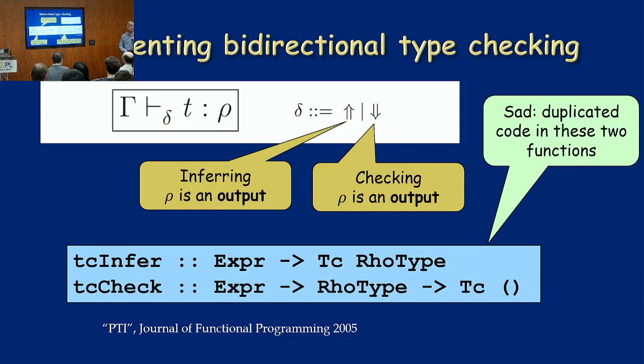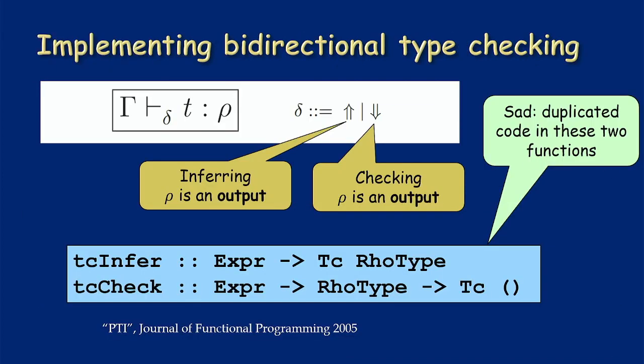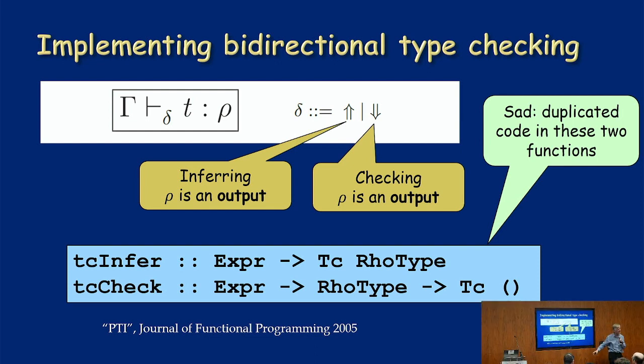Now in implementation terms, I said we split into these two, and that's a bit of a pity, because it looks as if you write two whole algorithms, right? That wouldn't be terrible. And expr, the expressions of the language, might be a large type, so we don't really want to duplicate all that.